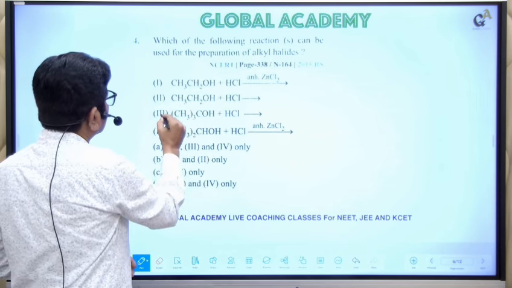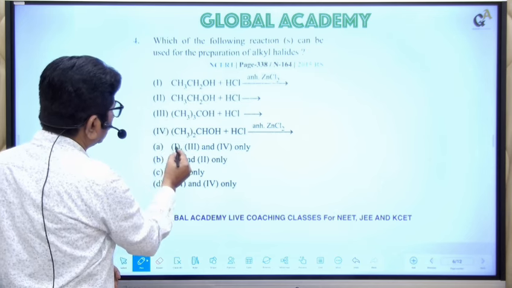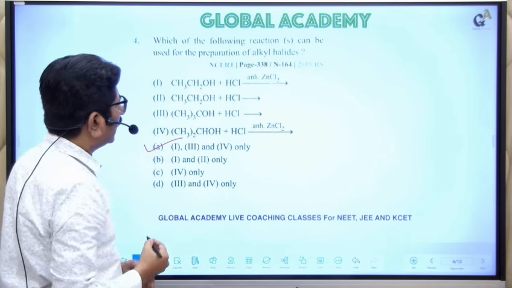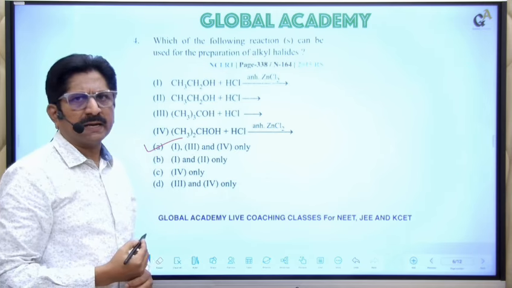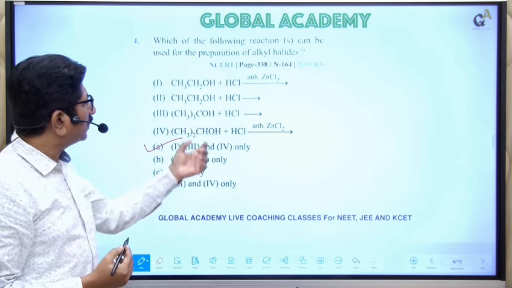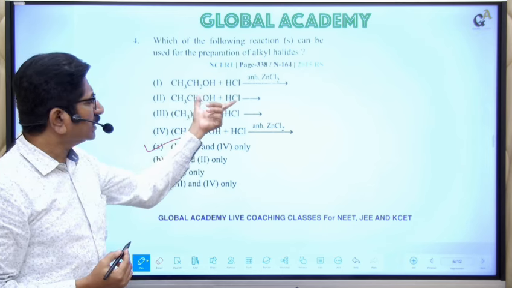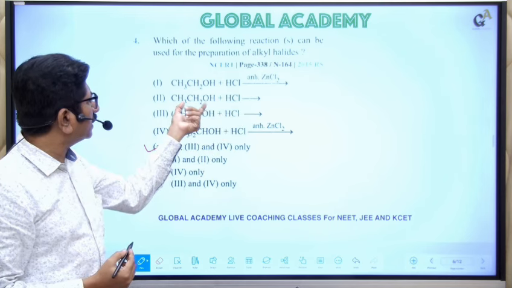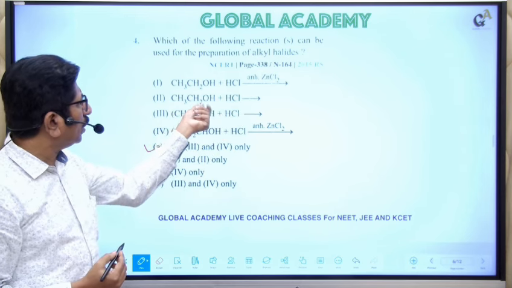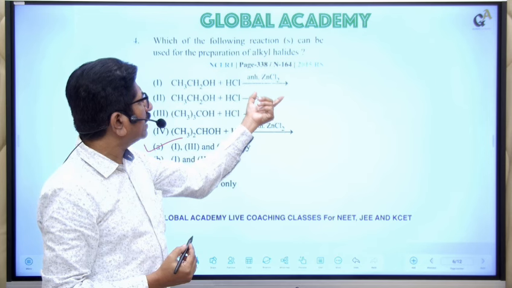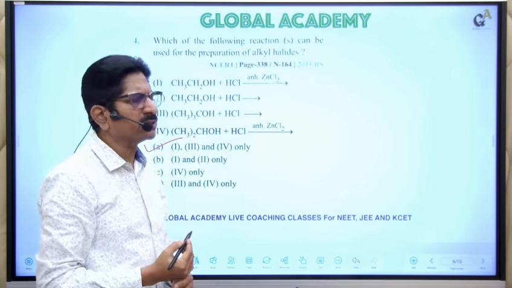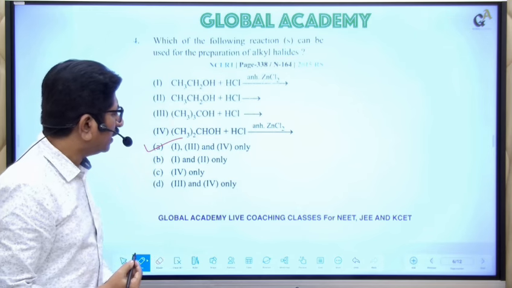So option A is the right answer, because the second is not possible: it is a primary alcohol, and without the anhydrous zinc chloride, it is not forming the alkyl halide.